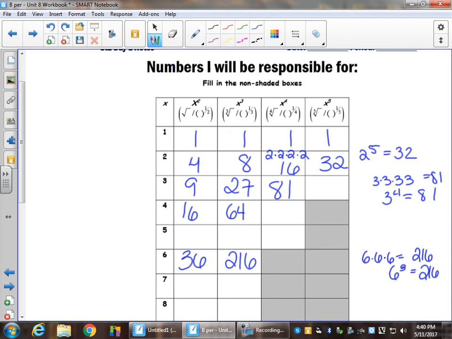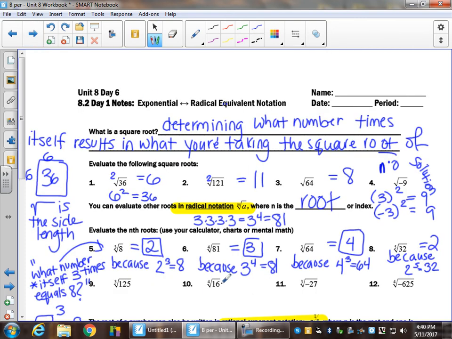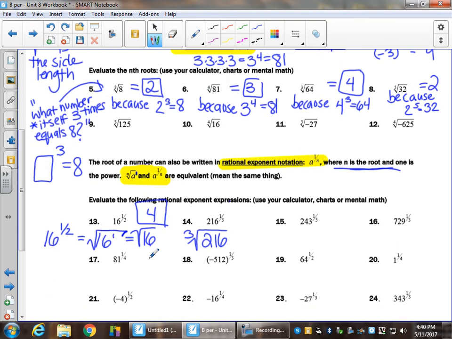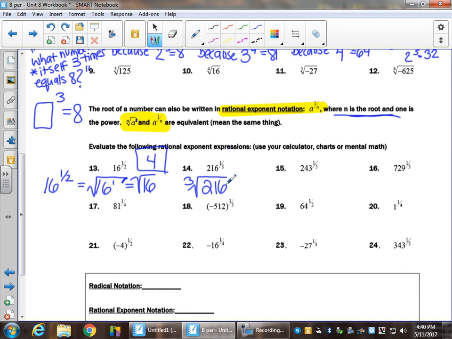So the answer to that question, the third root of 216 equals 6. Because 6 times 6 times 6, 3 of them, multiplied together equals 216.